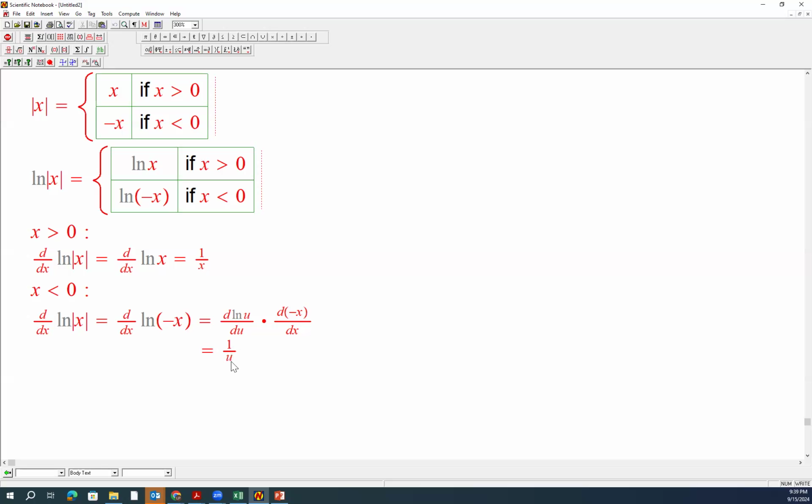But what is u? u is negative x. And what's the derivative of negative x with respect to x? It's negative 1. So in the end, we still get 1 over x.